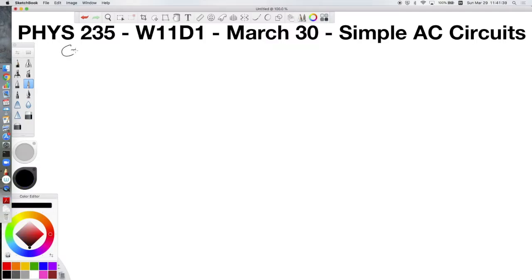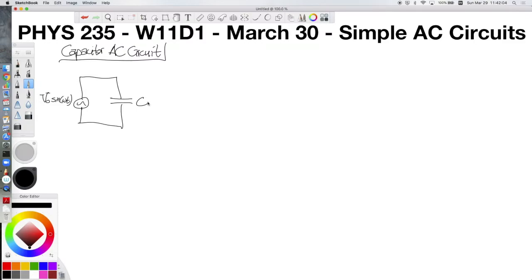Next one up is going to be capacitors. So that circuit is going to look like this, where again, the voltage of the battery is V0 times sine omega t, and the capacitance here is just going to be C. So following along with what we did before, we will want to know the value of the voltage across the capacitor at any given time.